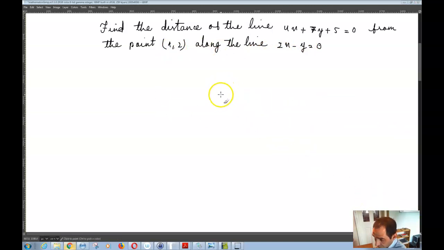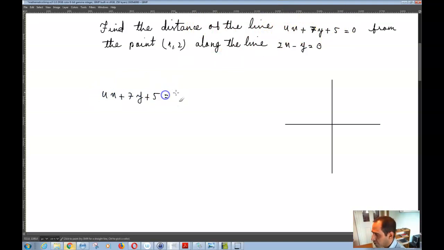So now what we have over here is basically this situation. You want to find the distance of this line, which is 4x plus 7y plus 5 is equal to 0.